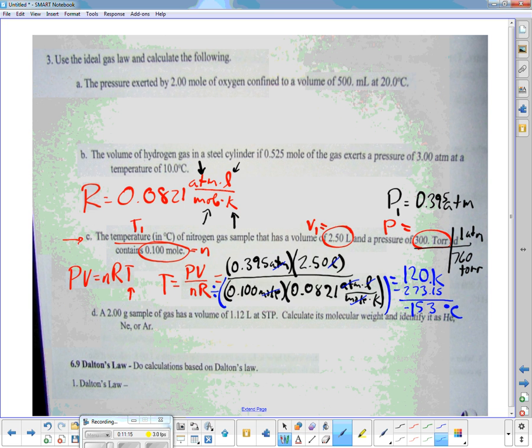Negative 153. I would just leave it like that and drop the 0.15 because I only have 3 sig figs. So you have to be able to plug and chug and get it through. There's a lot of plug and chug in this one.